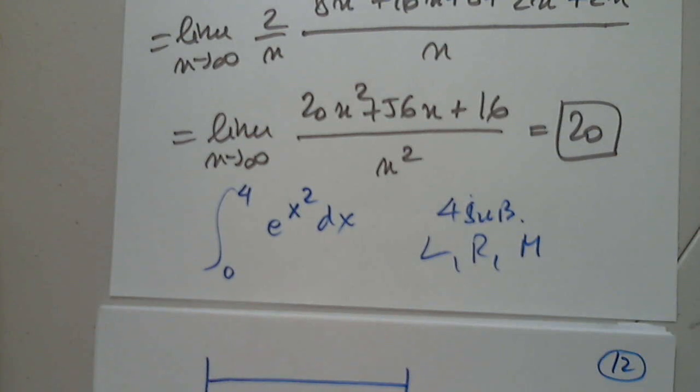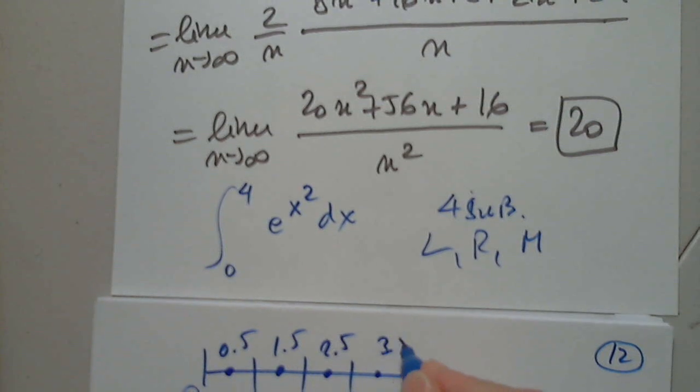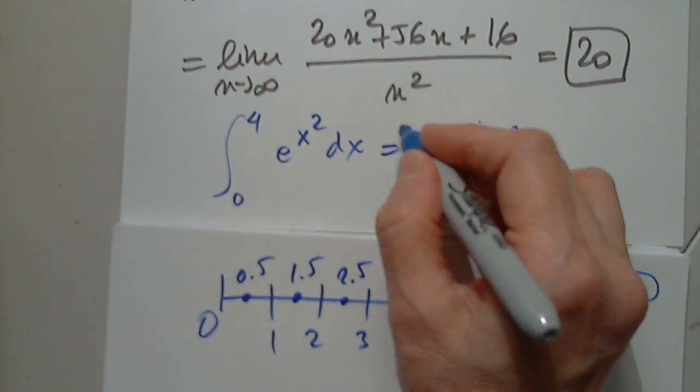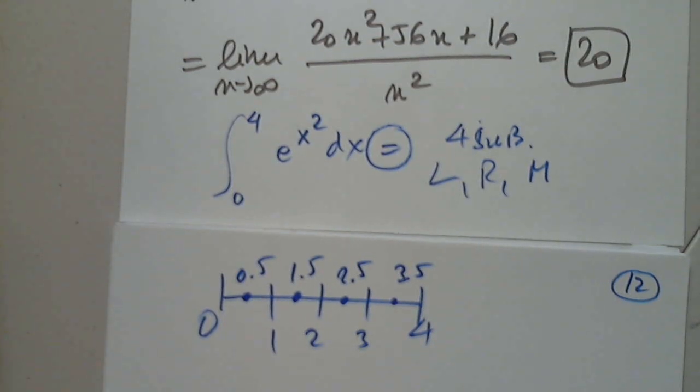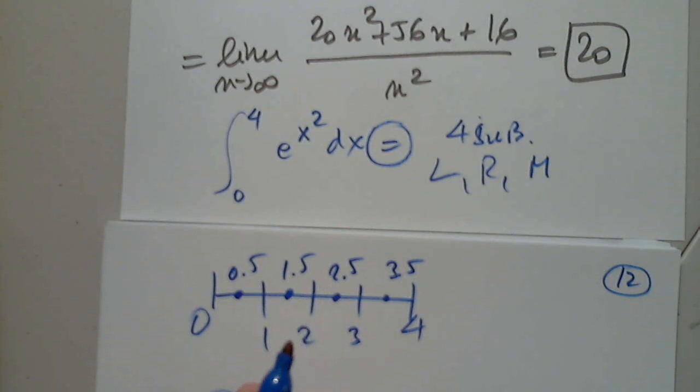Zero to 4. 1, 2, 3. Midpoint, 0.5. Midpoint, 1.5. Midpoint, 2.5. Midpoint, 3.5. So therefore, approximately, I should write, base times height.